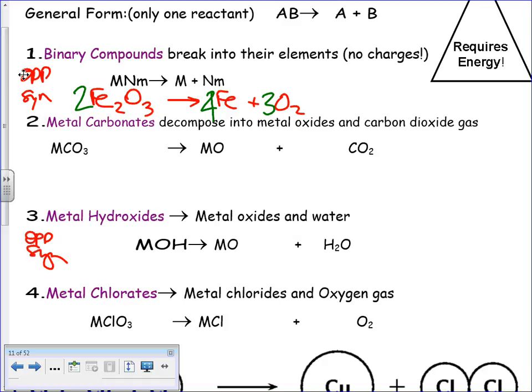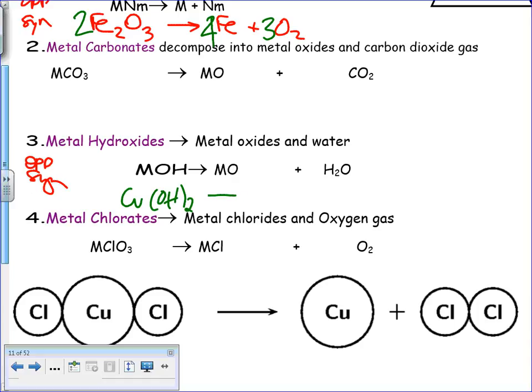Give me a metal hydroxide. Not the one we just used though. Copper 2 hydroxide. So copper 2 hydroxide, what's that formula? Cu(OH)2, because you said copper 2 hydroxide, so it crosses down. Okay, so what does it create?